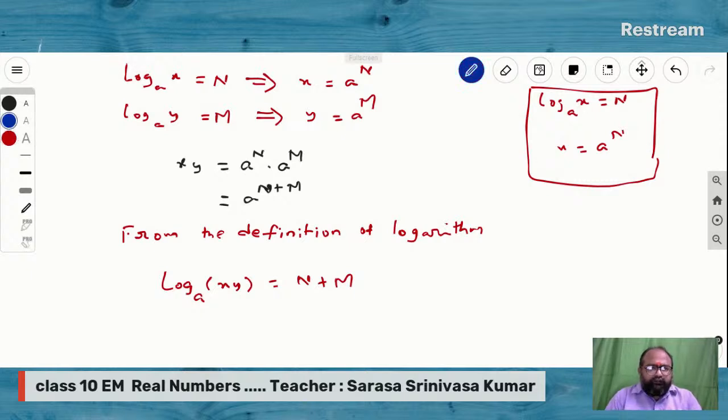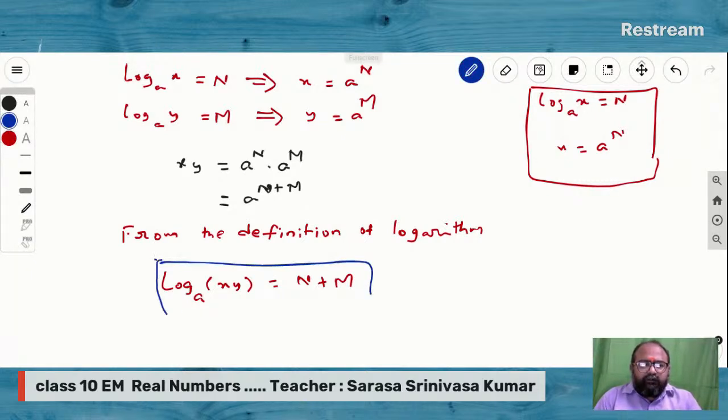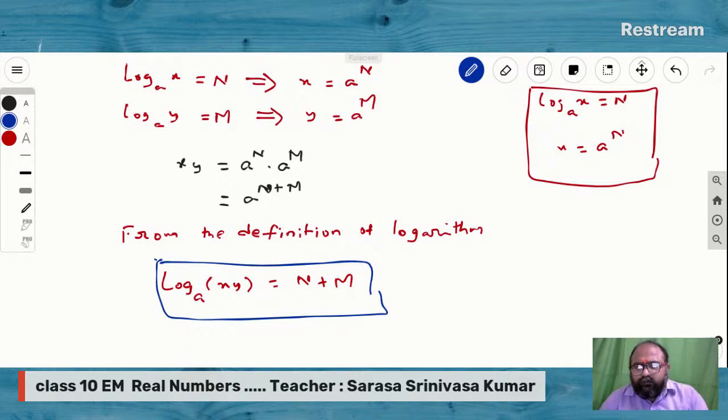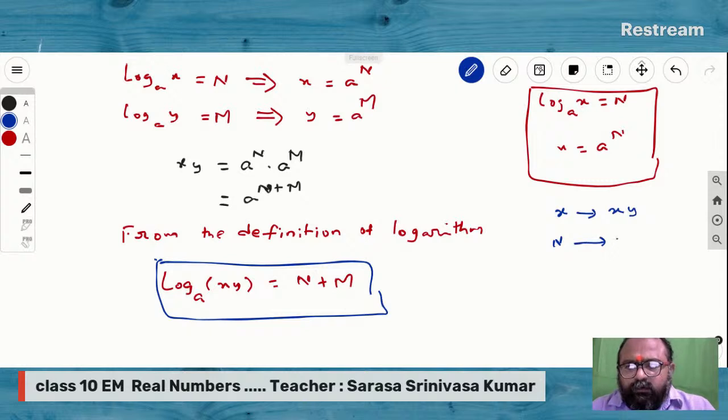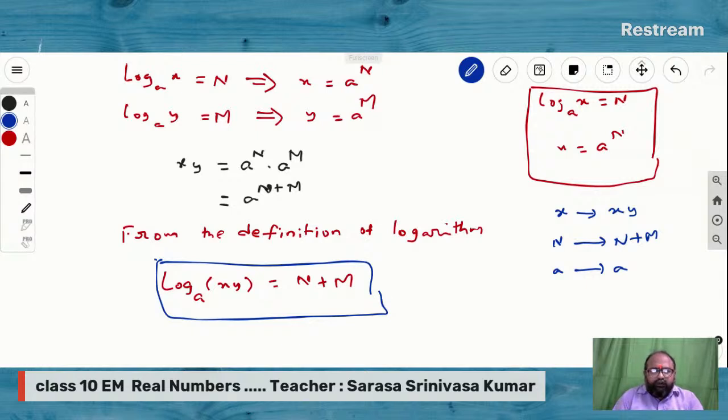How can we write this? This is by the definition of logarithm. Here, log x base a equal to n implies and is implied by x equal to a power n. So here in place of x, we have xy, and in place of n, we have n plus m, and in place of a, we have a only.